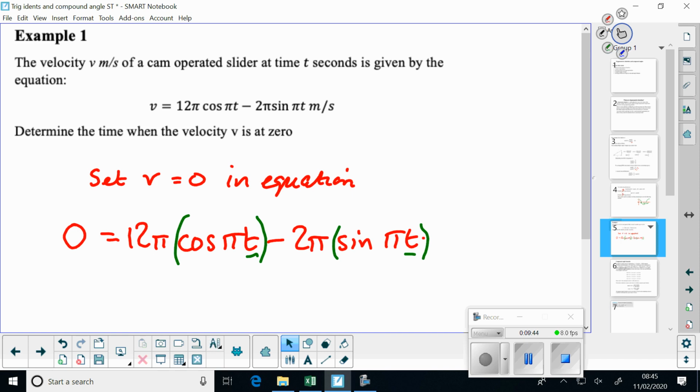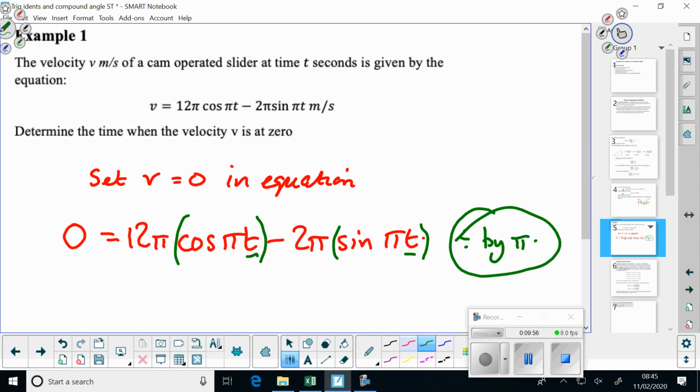What's common to these two? Yeah, so if we divide by pi, we end up with, because if we divide 0 by pi, what have we got?